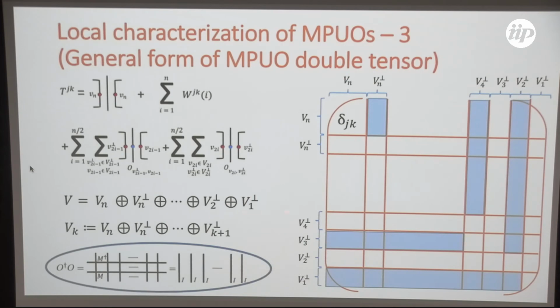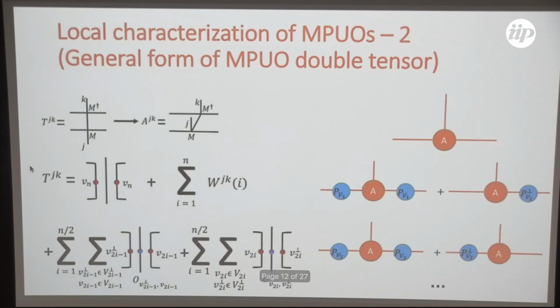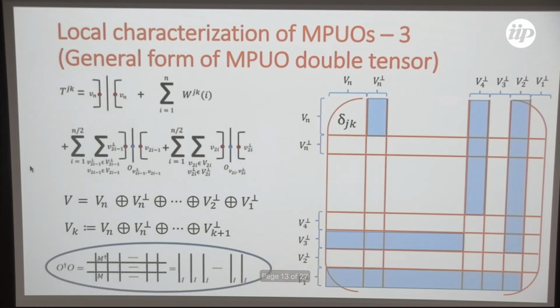So here the thing to observe is that what we do is basically we decompose these virtual degrees of freedom into blocks. So this virtual vector space V is decomposed into these vector spaces. So this is a general thing.